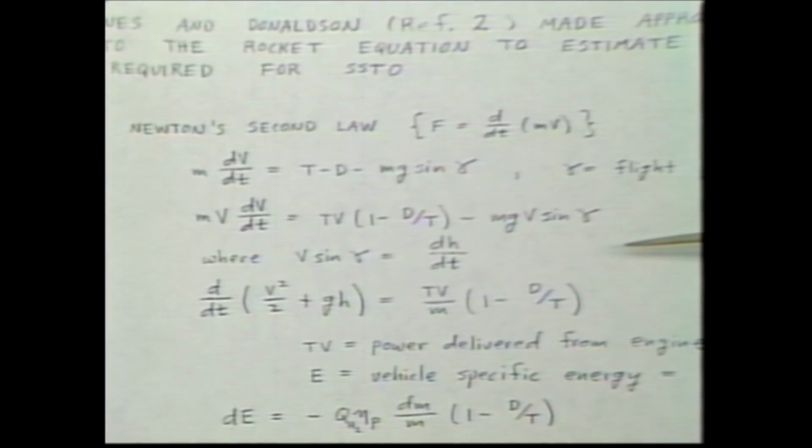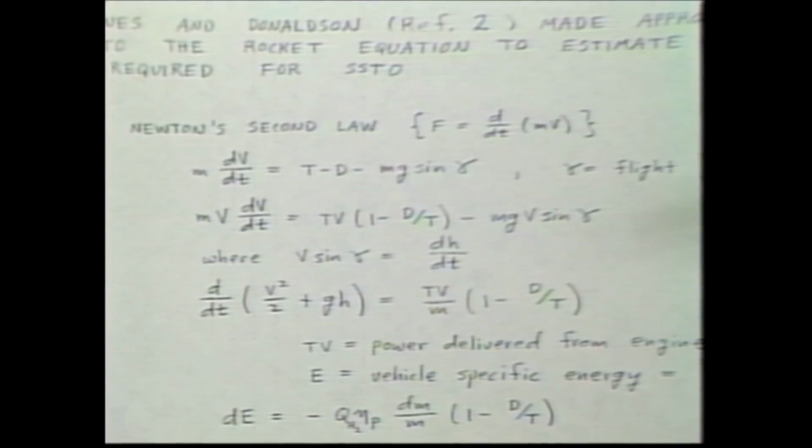I don't really have time to derive this, but from Newton's second law, you can derive an approximate rocket equation, and the rocket equation tells you, given an ISP, how much fuel, what mass fraction, the mass of your fuel divided by the total mass of your vehicle, is required.